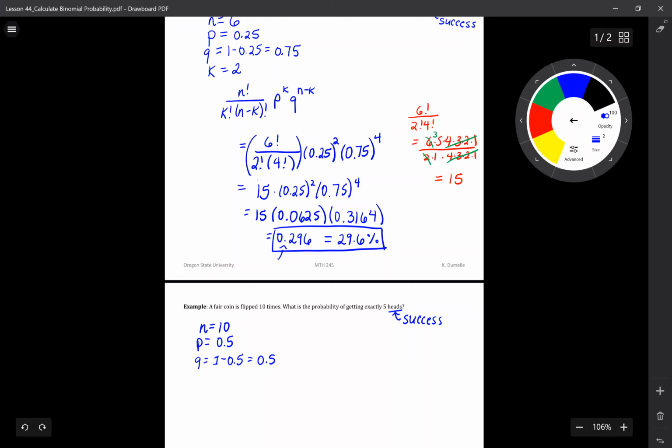Our Q is 1 minus 0.5, which is also 0.5. So P and Q are the same here because our chances are 50%. And our K, the number of successes that we want, is 5.